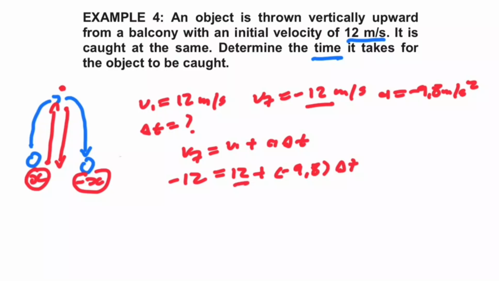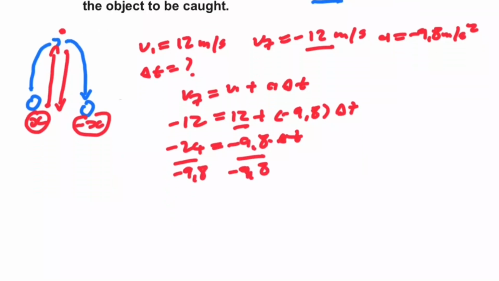We're going to have minus 24 being equal to minus 9.8 multiplied by delta t. We're dividing both sides by minus 9.8 once more. And if you do that, you're going to get delta t being equal to 2.45 seconds. So as you can see, we end up with the same answer. So in this kind of situation, it's really up to you to decide on which concept you want to use.